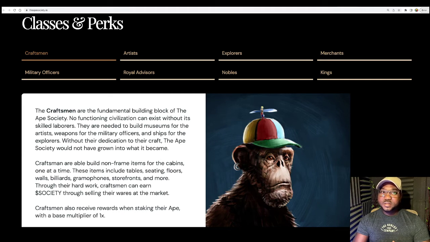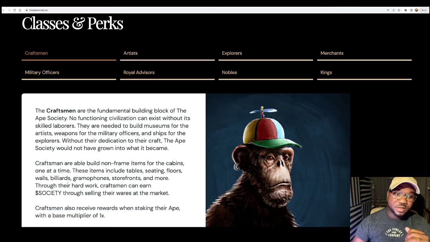Depending on the ape that you're staking, you might earn one times, which is the exact amount that craftsmen would earn. But as you go into your artist, your explorer, your merchants, and make your way up the classes, they have a different base multiplier associated with that. Let's jump into artist, and then you'll see what I mean.